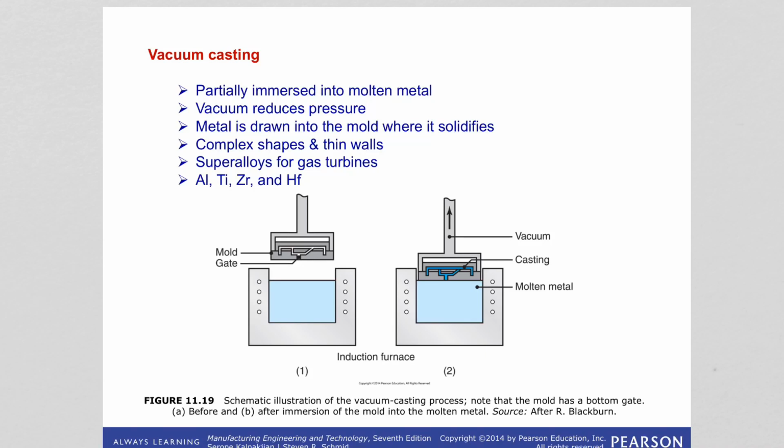A mixture of sand and urethane is molded over metal dies and cured. The mold is then held with a robot arm here, and this is partially immersed into the molten metal which was in the induction furnace.